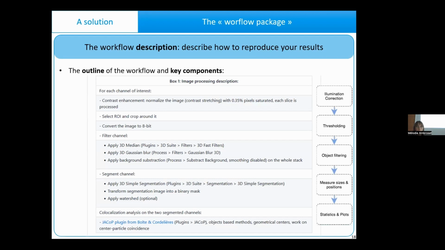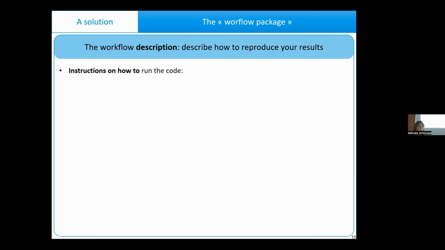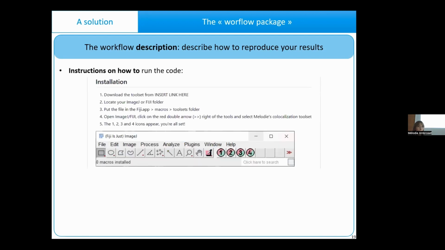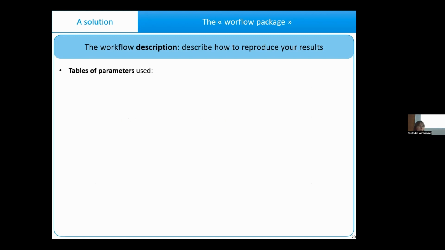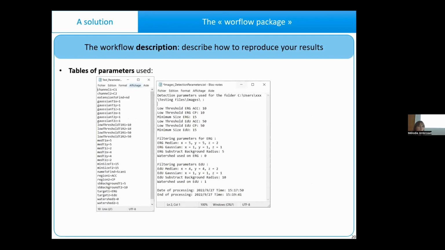It's just as informative. And it needs to have instructions on how to run the code, for example, how to install it and how to use it. It needs to provide download links for the software that you use and any plugins that you need to run the code, with name, version number, and location. Usually a URL is sufficient for that. It also needs a table of parameters that you use to obtain your results. For me, I like to store them in text files as variables that the software can retrieve later.